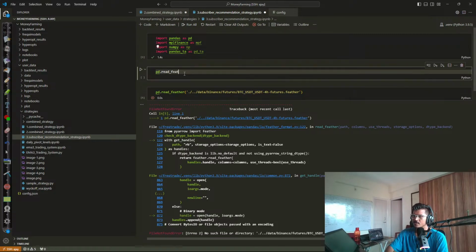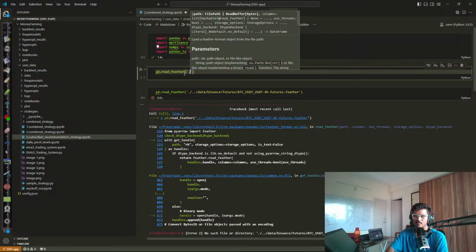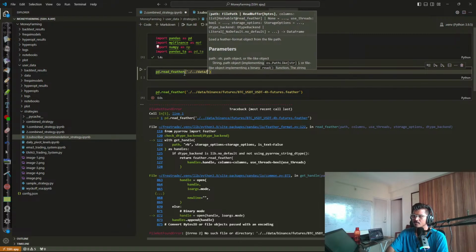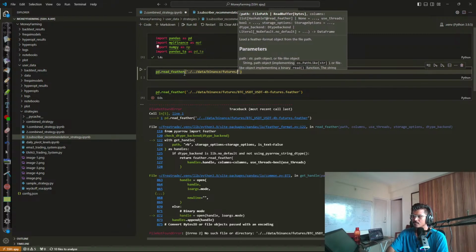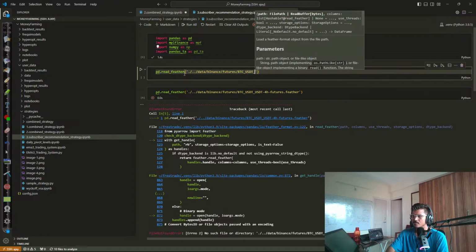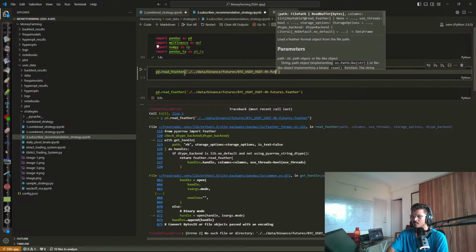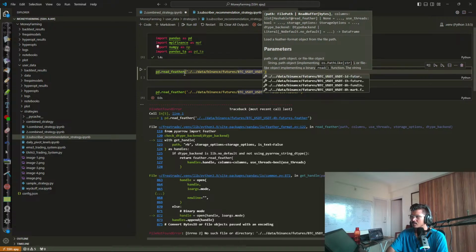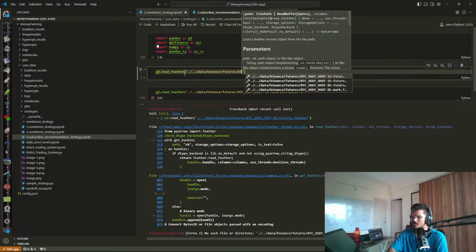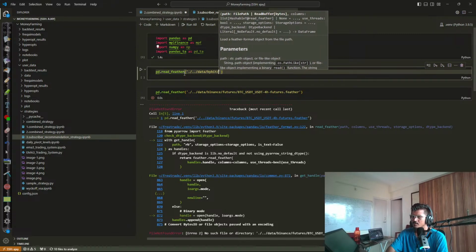Why can't I get it? I have 1 hour data and 1 day data. Why don't I have 4 hour data? Do I have it on the Bybit one?